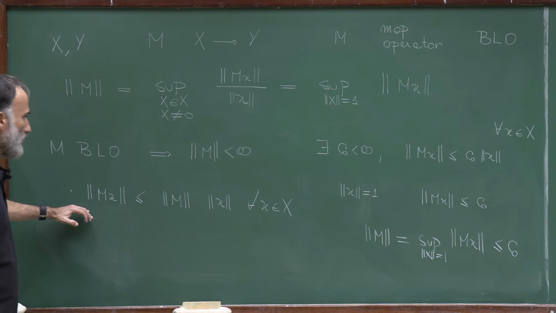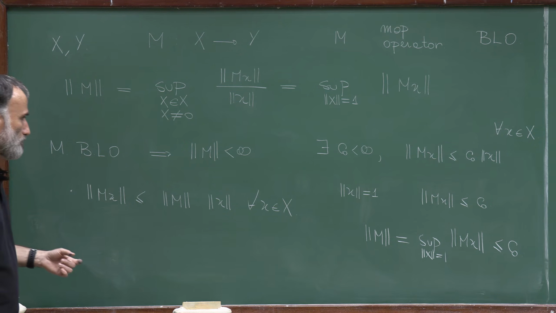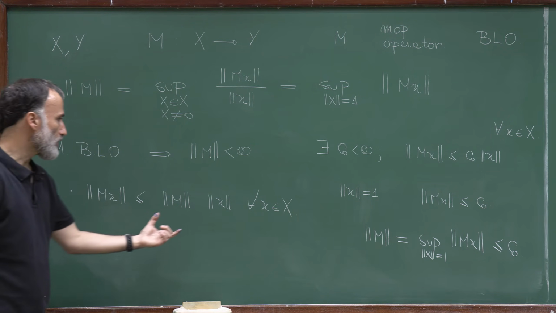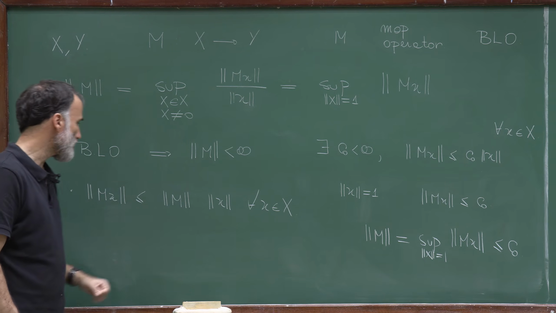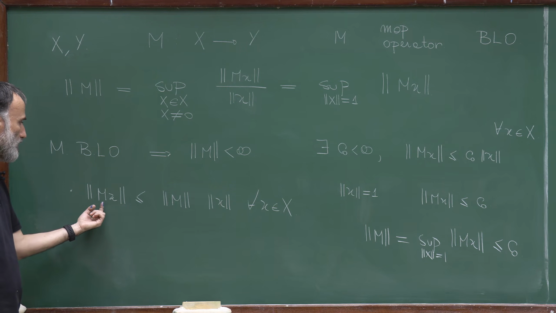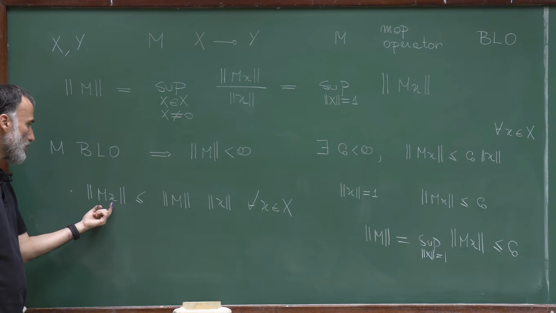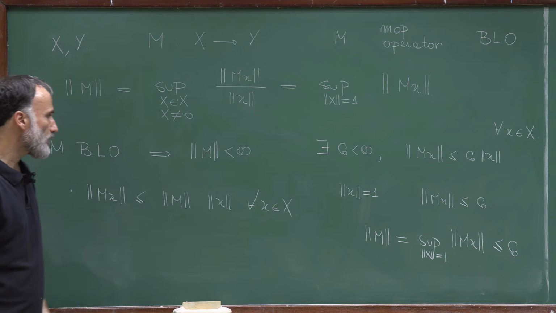So let me prove that this inequality holds for all x. Well, for x equal to 0, this is clear because this norm is 0. So on the right-hand side, we have 0. On the left-hand side, since M is linear, it sends 0 to 0, and therefore M of 0 is 0, the norm of 0. So we have 0 both on the left and on the right-hand side.